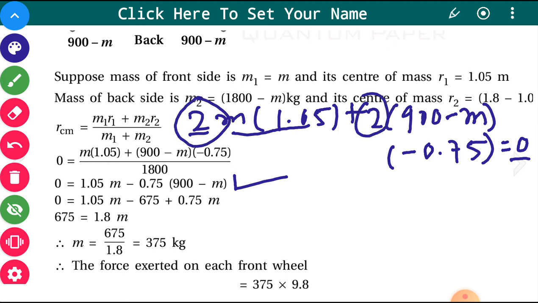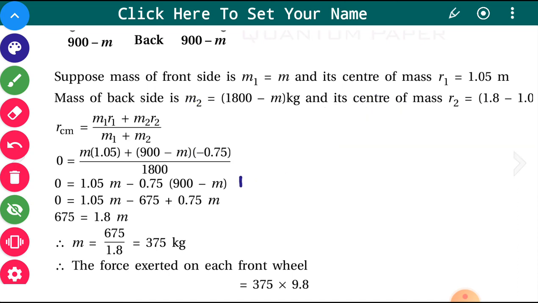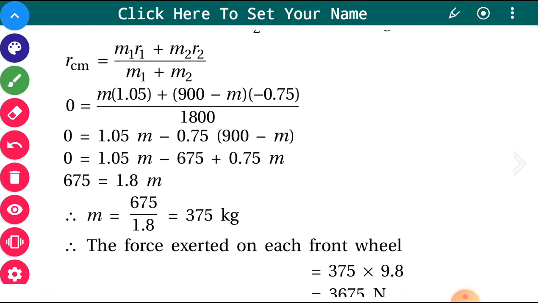Multiplying 0.75 with 900 gives minus 675, and minus and minus become plus, that is 0.75 m.